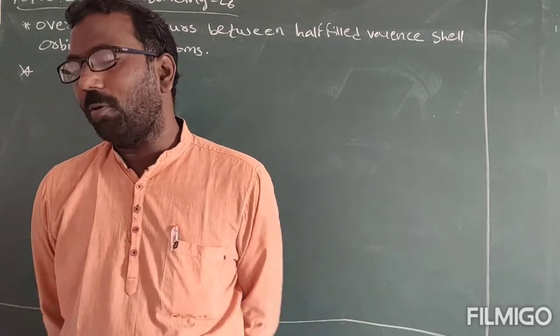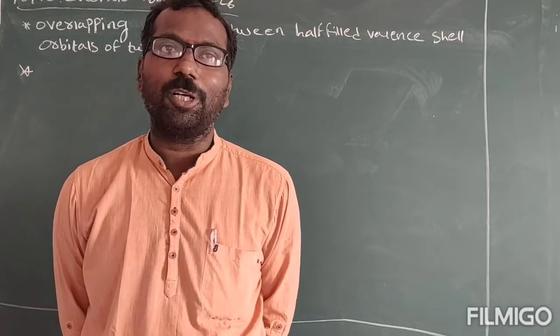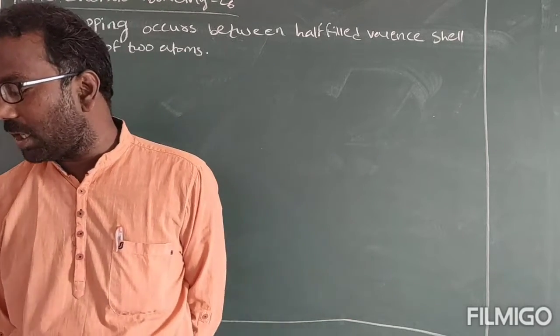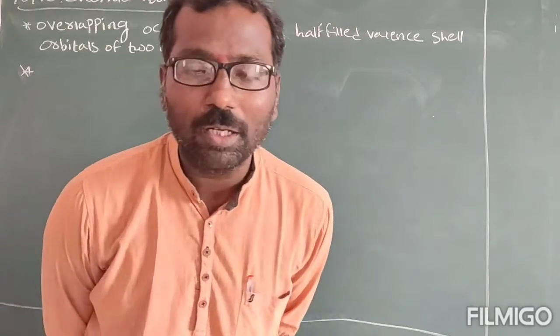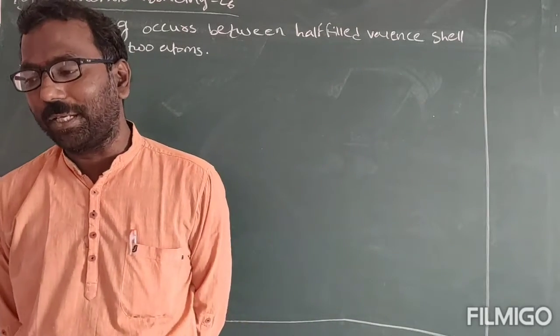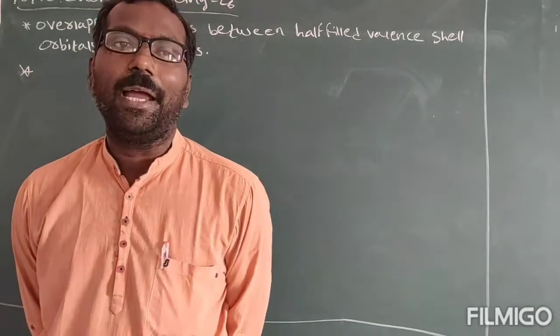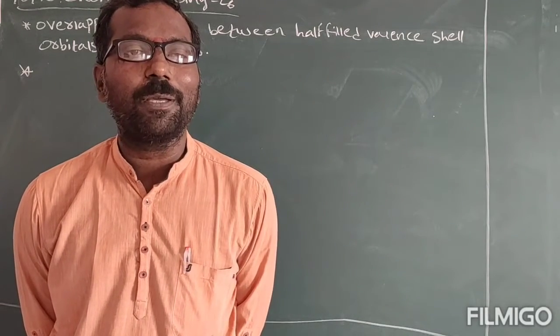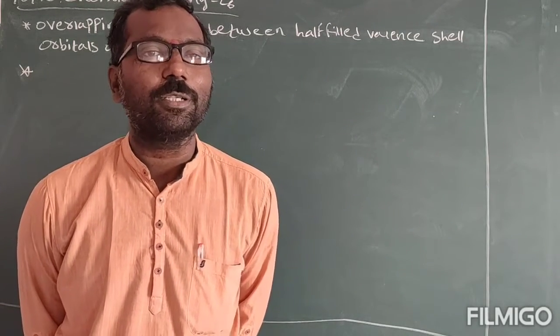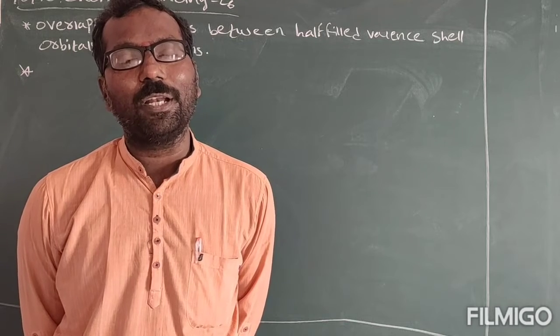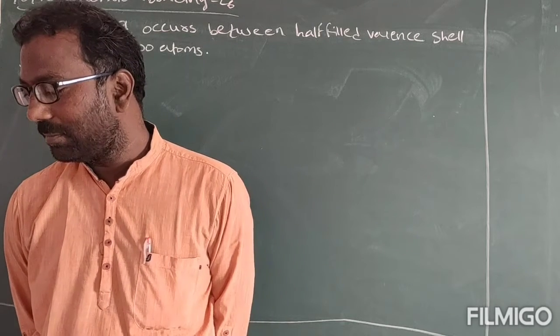The extent of overlapping is directly proportional to the strength of bond and also to the directional character, which is based upon hybridization, and it is inversely related to size.